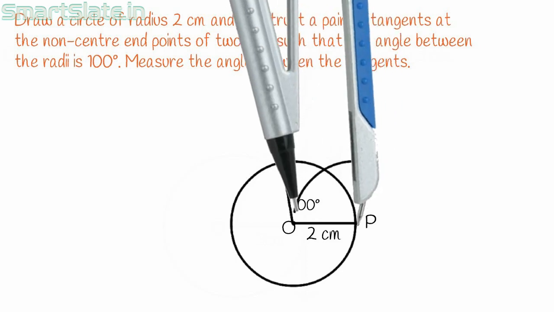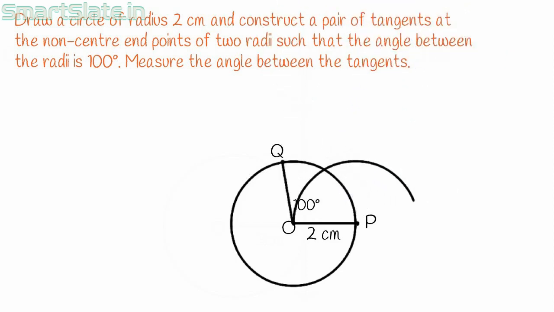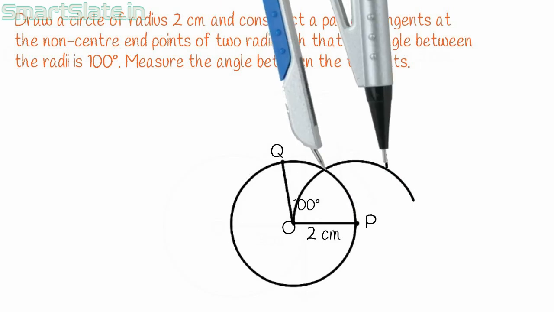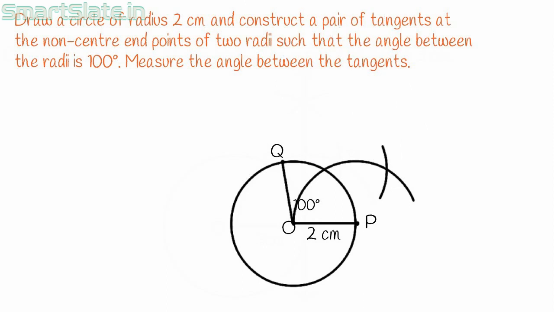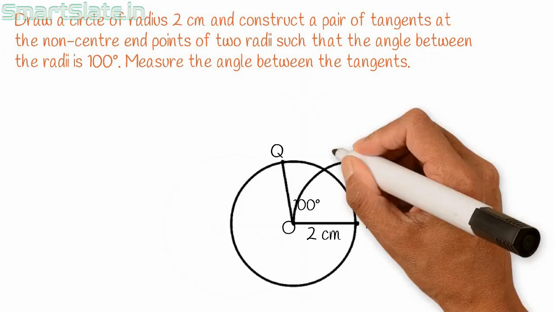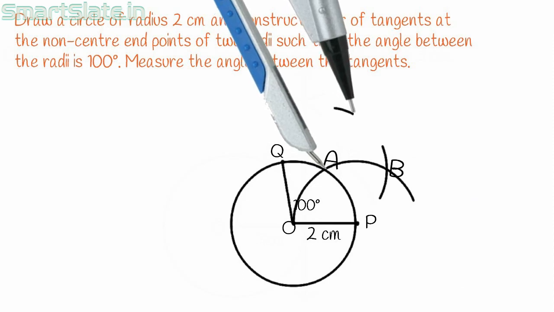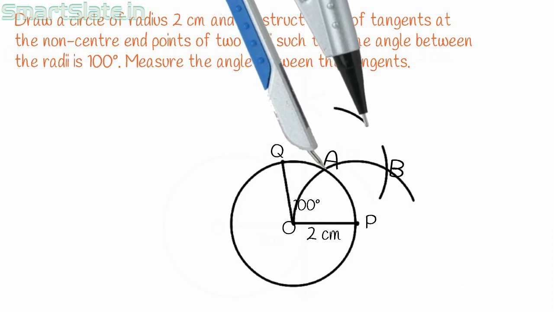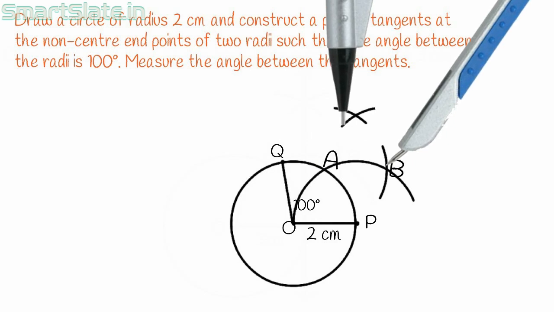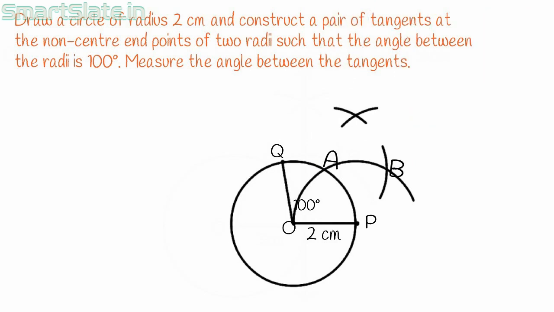Keeping P as a center, draw an arc which intersects the circle. Now, keeping this intersection as a center, intersect the new arc. We have two intersection points here. I will name them as A and B. Keeping A as a center, I will draw an arc, and keeping B as a center, I will draw one more arc so that these two arcs intersect each other.